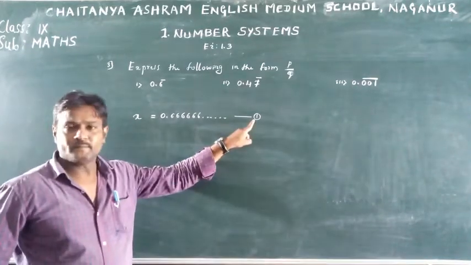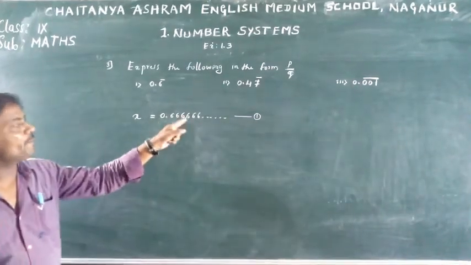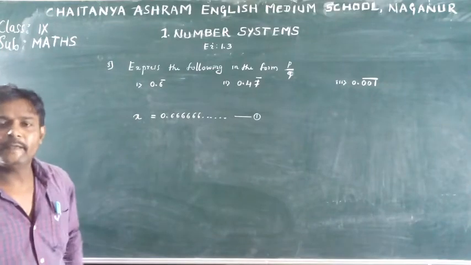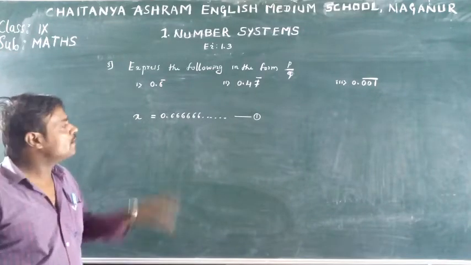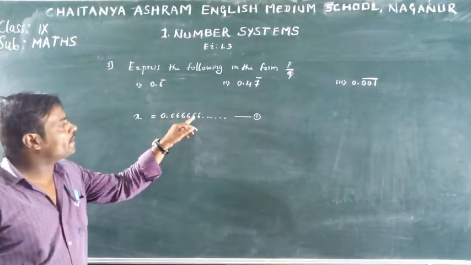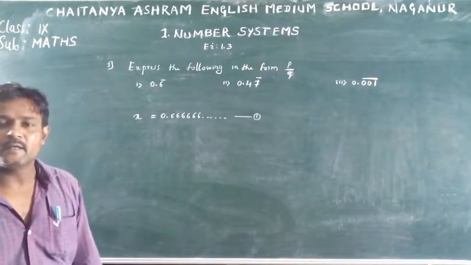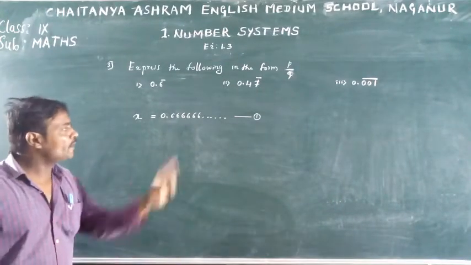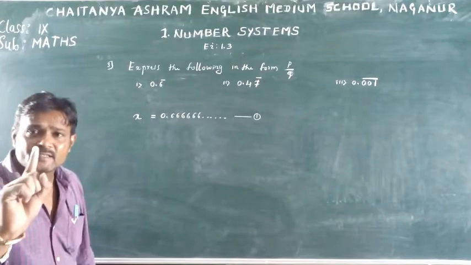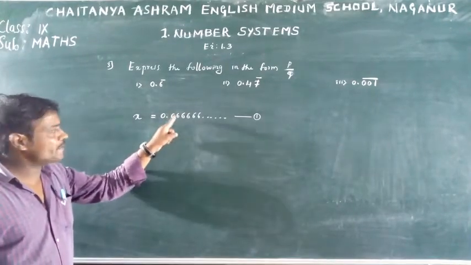Equation number 1. How many digits are repeating? Let's see. Don't count like 1, 2, 3, 4, 5, 6. How many digits? Only one digit, that is 6. The digit 6 is repeating.